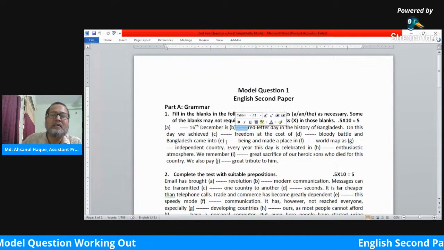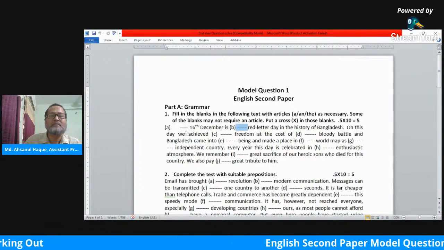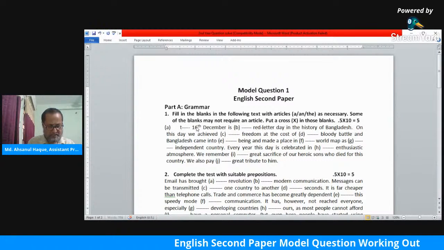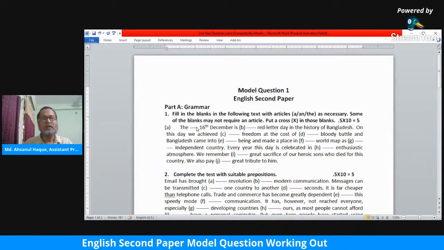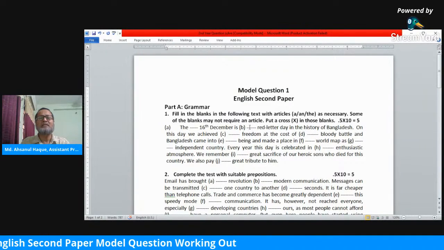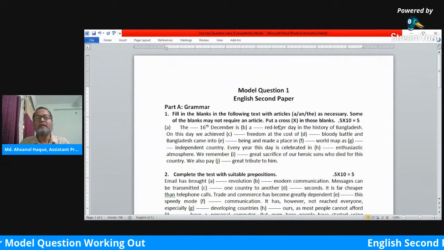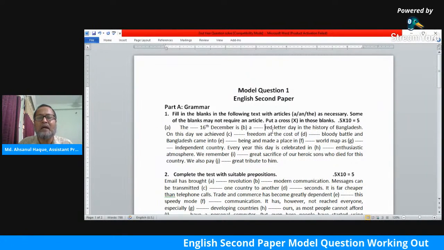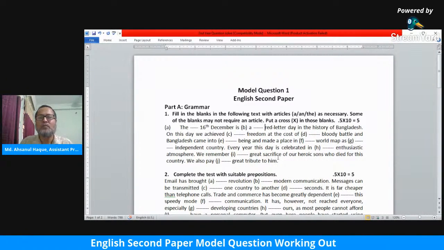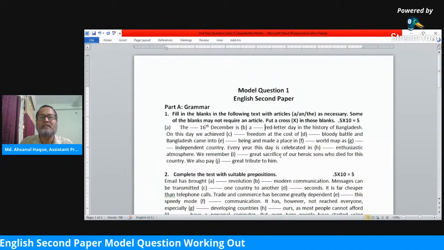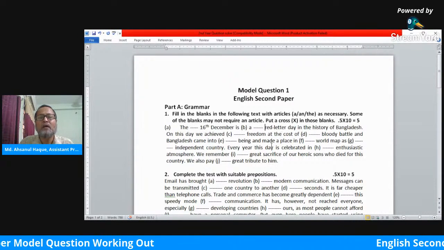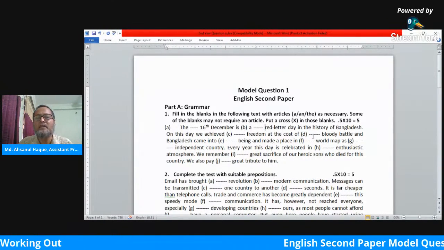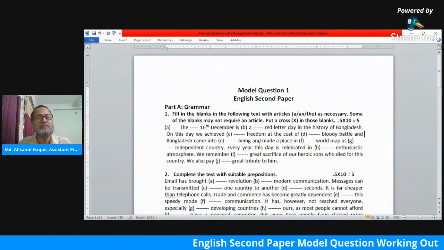The 16th December is a, because the word begins with consonant R, not vowel. If it was vowel, we might write an. So a red letter day in the history of Bangladesh.